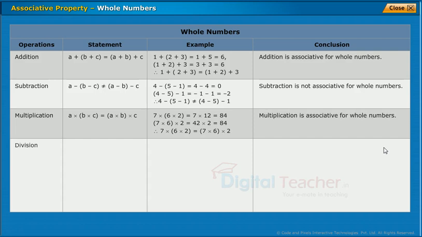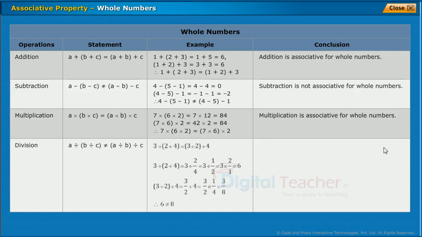Under division, it states that the quotient obtained by the division of three whole numbers is not the same if the order of the numbers is changed. For example, when 3 is divided by 2/4, we get 6, and when 3/2 is divided by 4, we get 3/8. So, 6 is not equal to 3/8. It concludes that division is not associative for whole numbers.